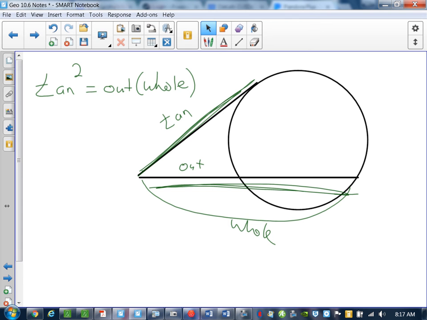When was that? A couple weeks ago. Anytime two tangent segments meet on the outside of a circle, those segments are always congruent. So if I did tangent squared equals tangent squared, isn't that the same thing as tangent equals tangent? So you're not wrong. Just making it easy for you.